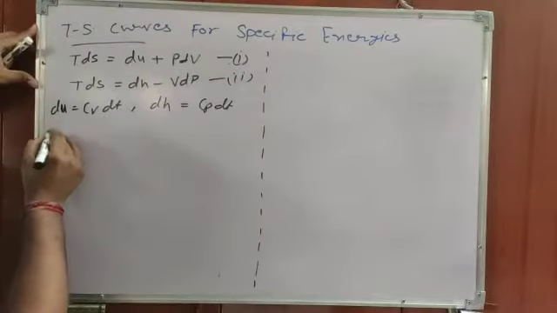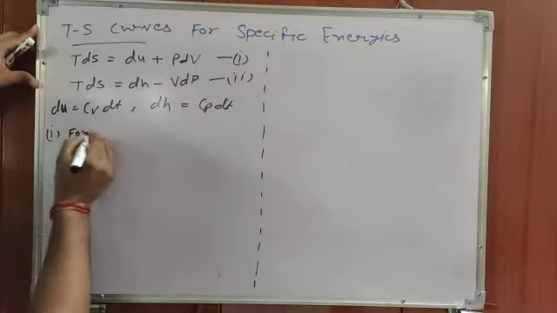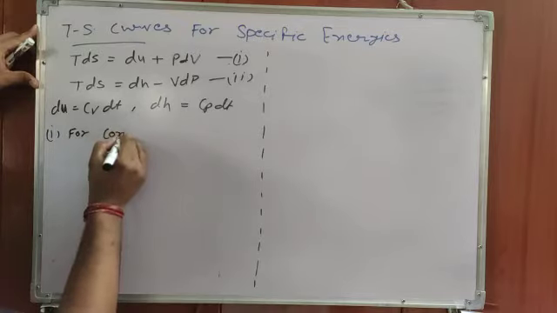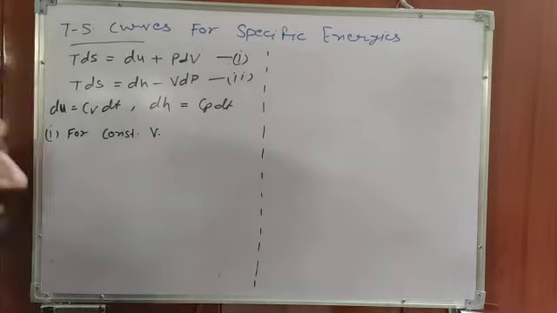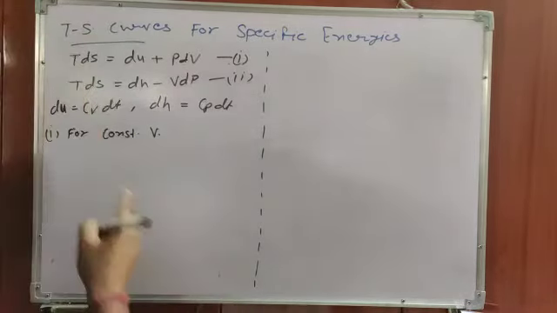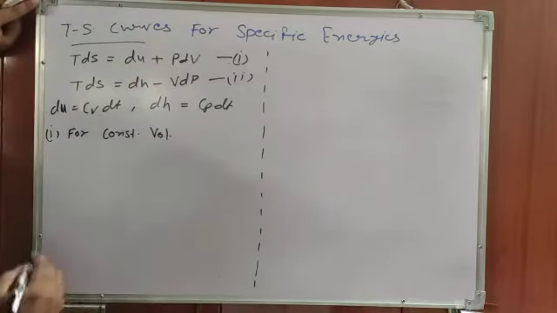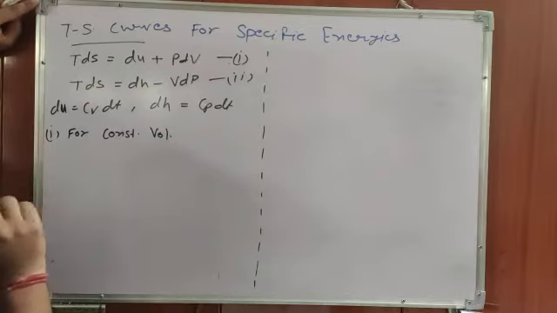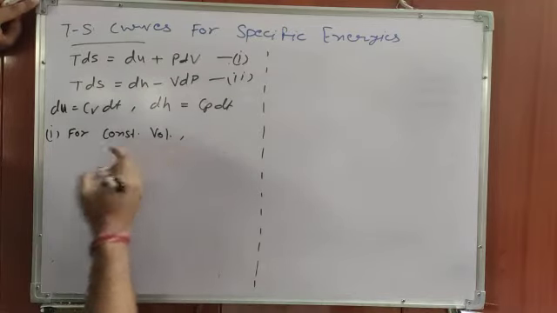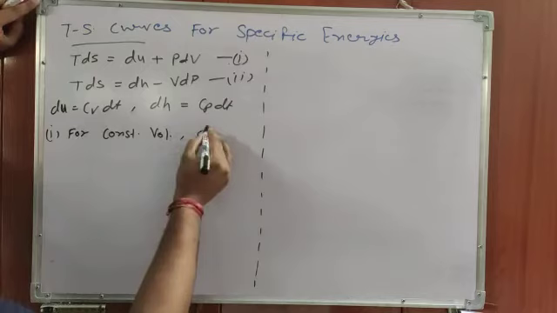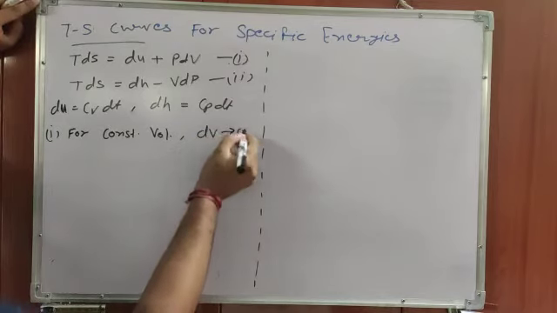First, for the constant volume process, or the isochoric process. For constant volume, from equation 1, if the volume is constant, the change in volume is 0.